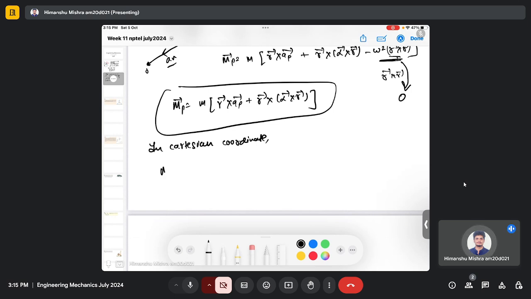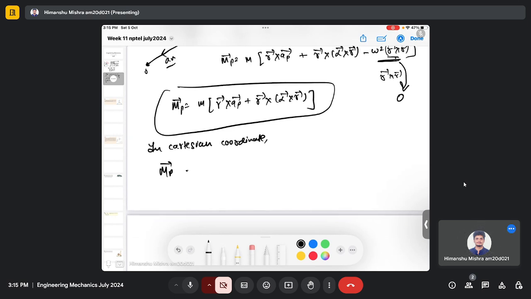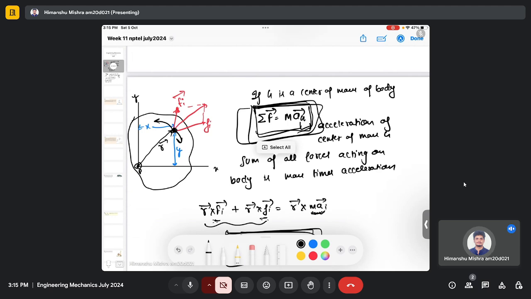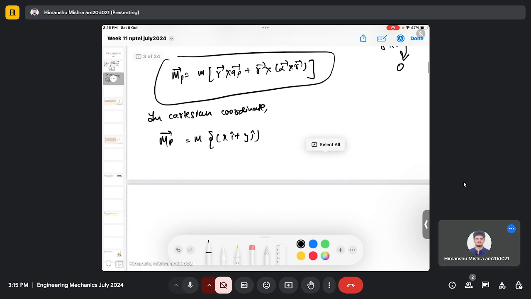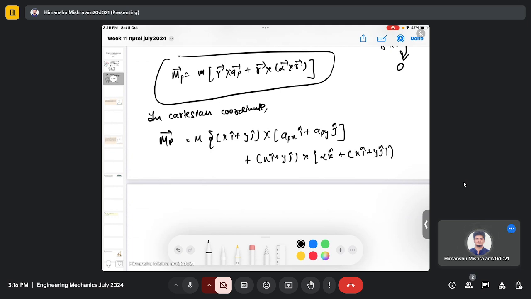So in the Cartesian coordinate, you will have mass, xi cap, yj cap, where x and y are already defined in this figure, cross apx, apy, so plus xi, yj, and if there is an angular acceleration, alpha, plus xi, yj.